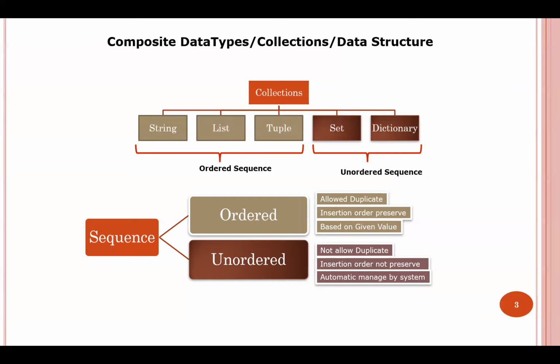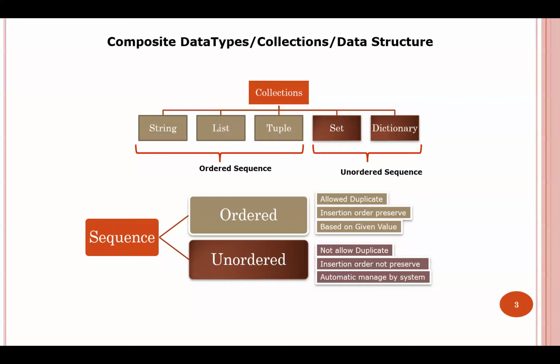We can get the element with the help of indexing. But when we come to the set and dictionary, or unordered sequences, the first thing is duplicates are not allowed. And the second thing is, whenever we insert an element in a set or dictionary, Python will manage the sequence based on memory optimization. So you cannot get the same index or the same order that you used to insert the elements.